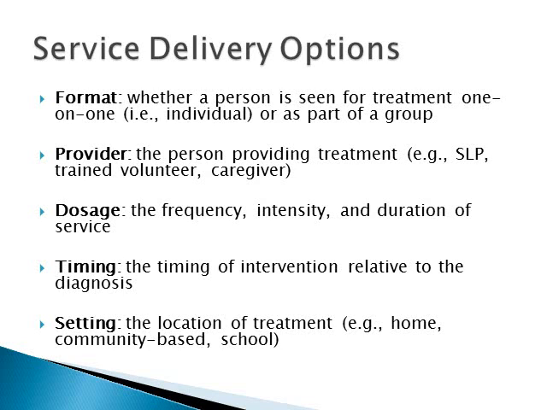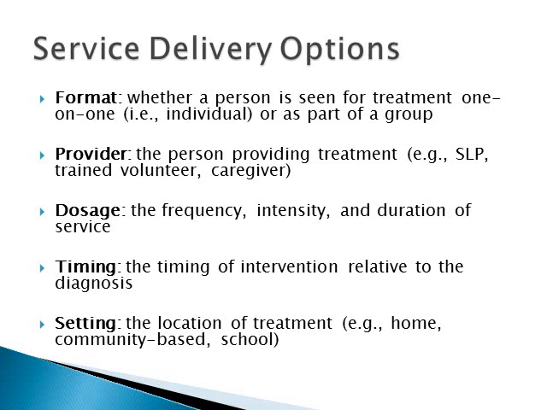When you're planning your intervention, there are a couple of different service delivery options you want to consider and take a look at. First, you want to figure out what format you're going to be using for a particular child, whether that child is going to be seen for treatment in a one on one setting or individual therapy, or as part of a group.